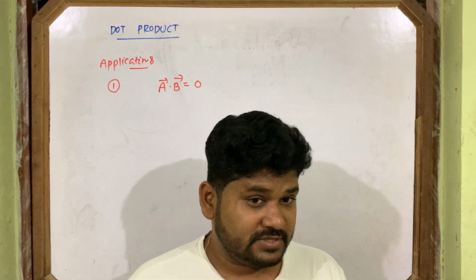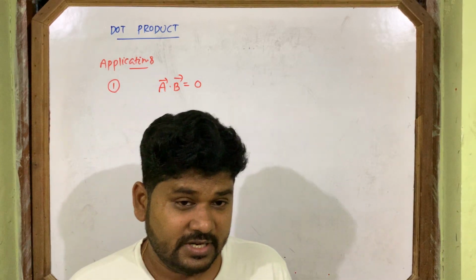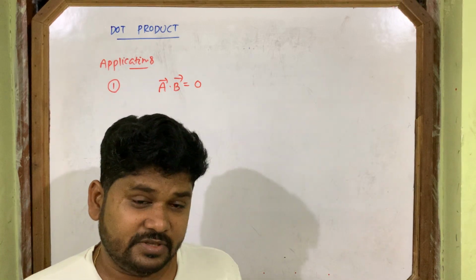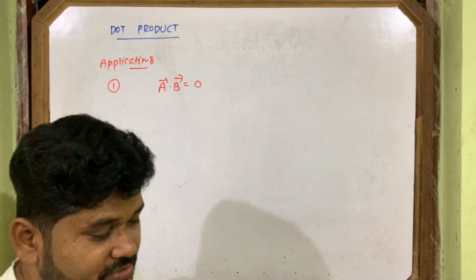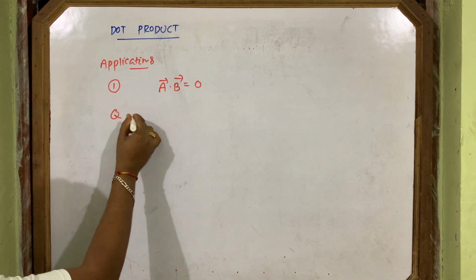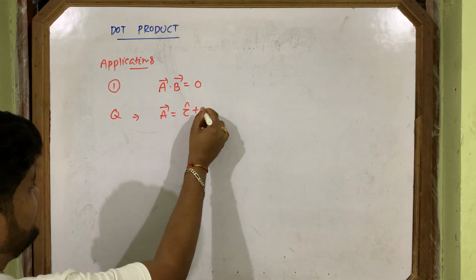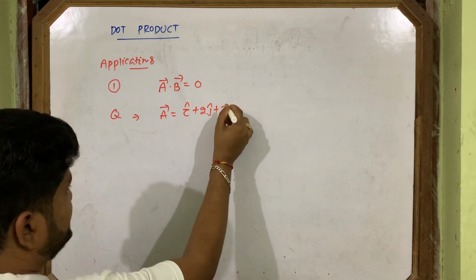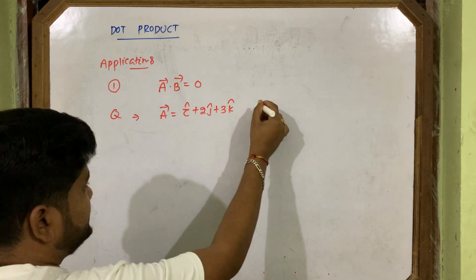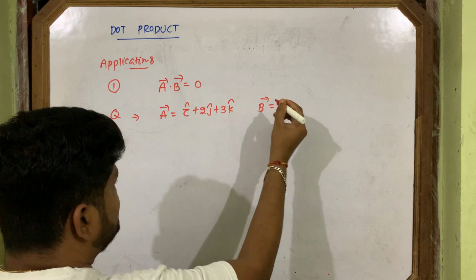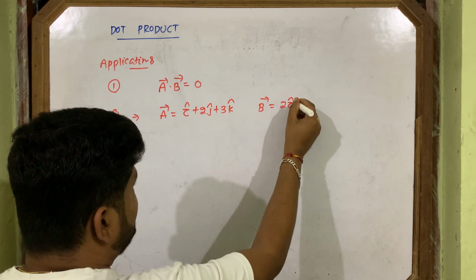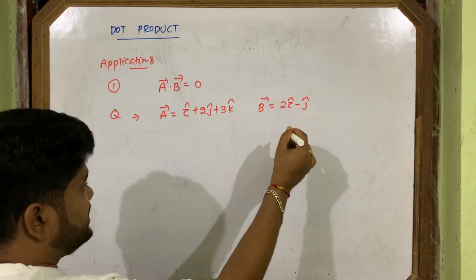I will give you two vectors. You will find the dot product. If the answer is 0, they are perpendicular to each other. So let's do one question. This is the question for you. A vector is i cap plus 2j cap plus 3k cap, but B vector is 2i cap minus j cap.